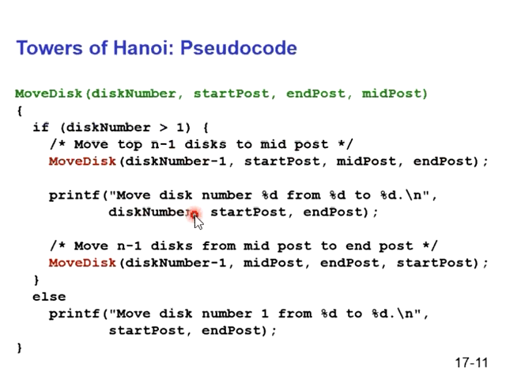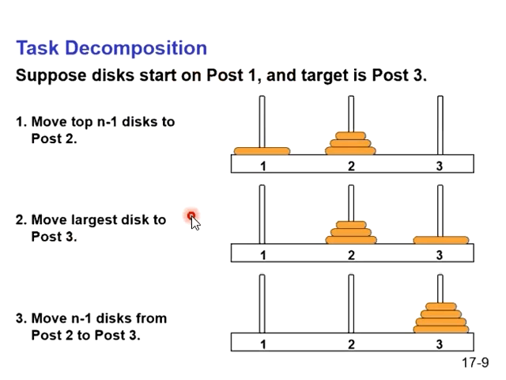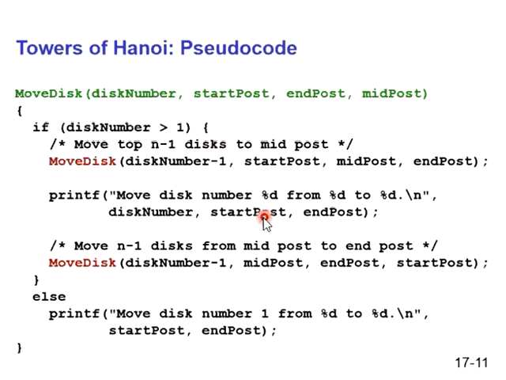And then we have to move the largest disk. Over here we have to move the largest to post 3, the end post. So over here we bring out move disk, this number, the largest disk, from start post to end post. And then we move n-1 disks from mid post to end post.